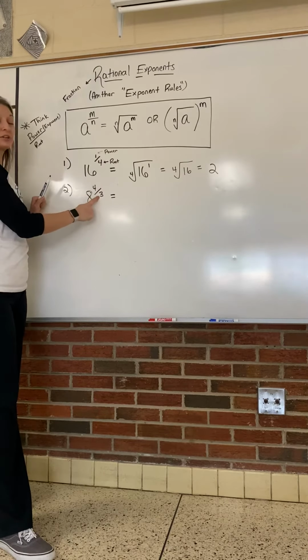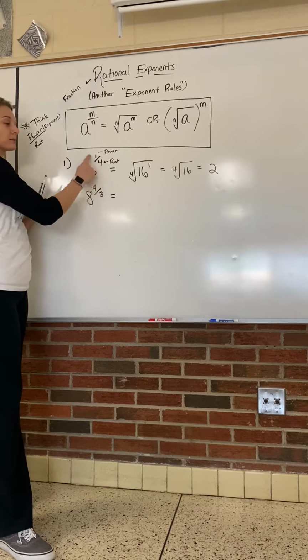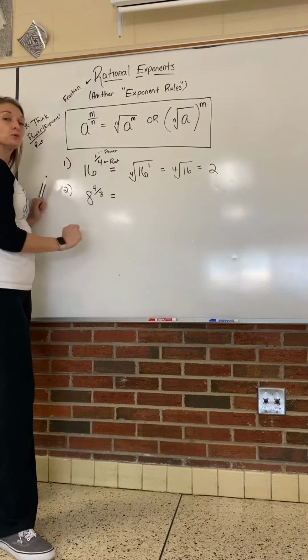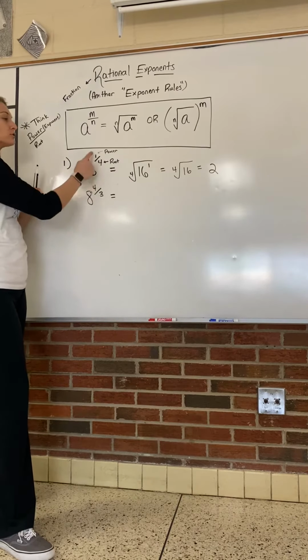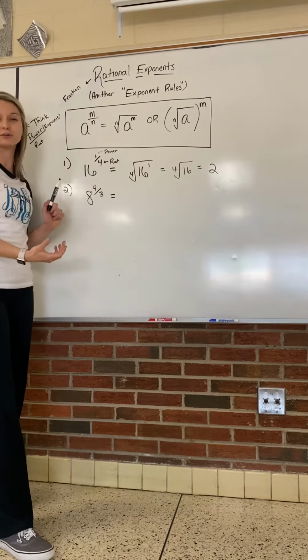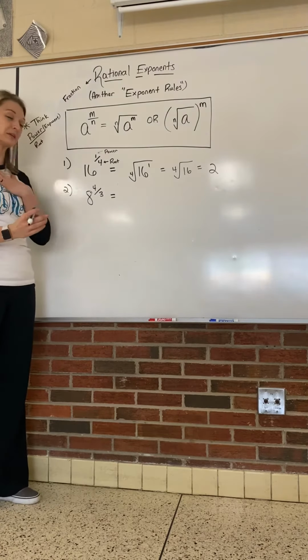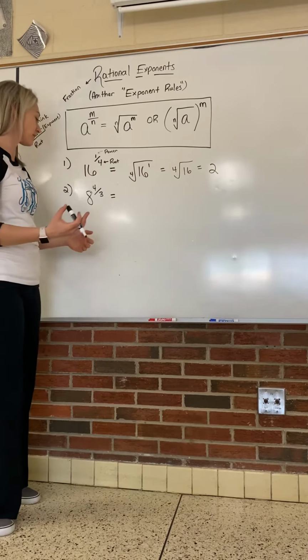The bottom number gets tired after a while of holding him up, so he runs away to be cradled. In this one, the 3 ran away to be cradled in the arms of the root, while the 4, because it didn't have anybody to hold on to him anymore, dropped down underneath the radical. That's just a silly little story that helps me, and you're more than welcome to use that same story if you need to.